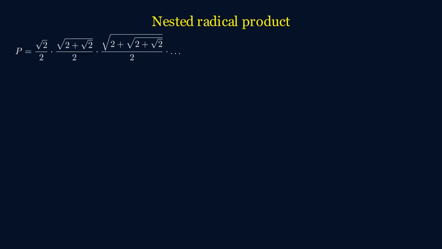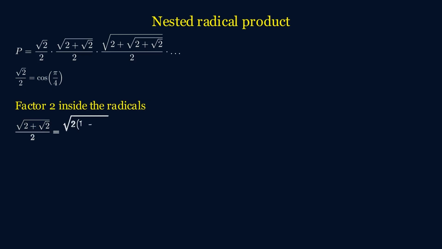All right, so let's start pulling this thing apart. The first term, square root of 2 over 2, that is just cosine of pi over 4. Now here's the first surprise. Every single term in this product actually turns into a cosine with a smaller and smaller angle. It's kind of fascinating. What we're really doing here is pulling out a factor of 2 from each radical.